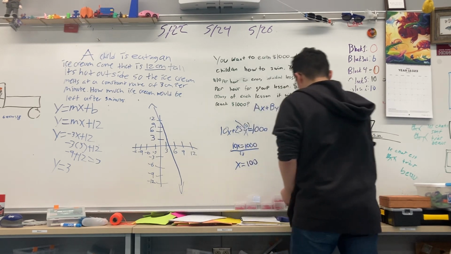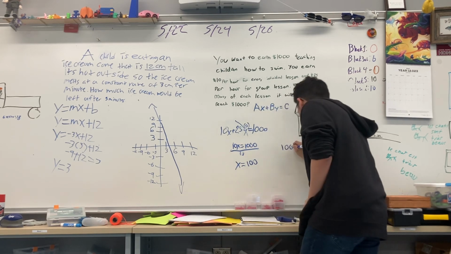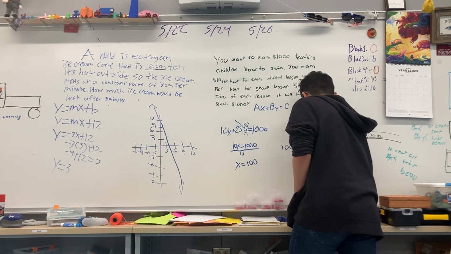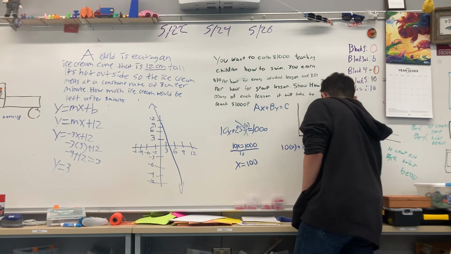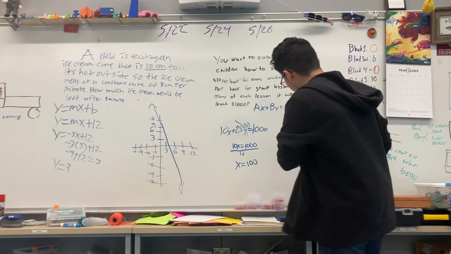Now we do the same thing for the other side. 10 times 0 plus 25y equals 1000. Cross this out, 0 times 10 is 0.